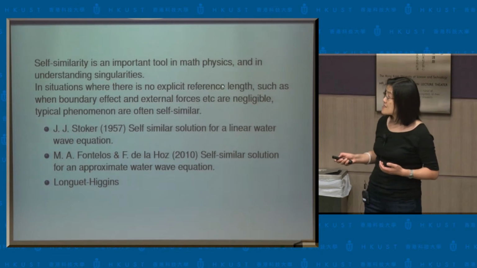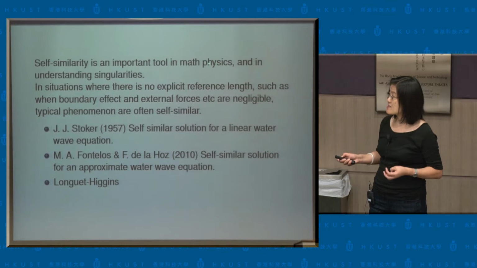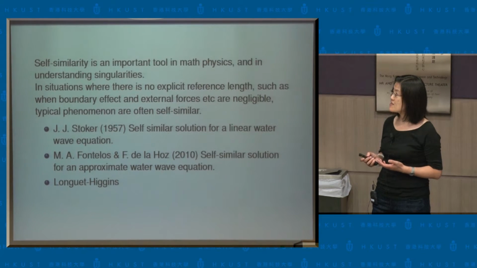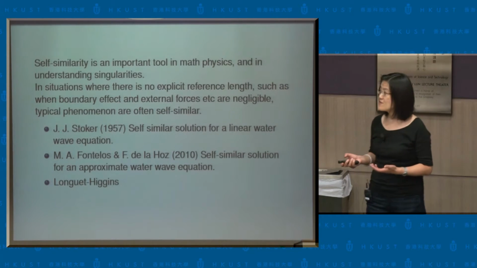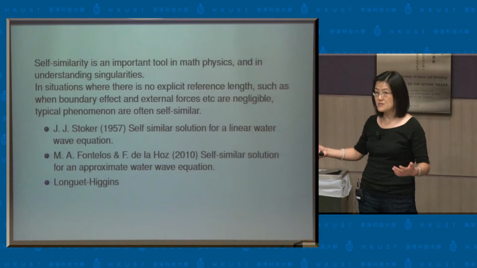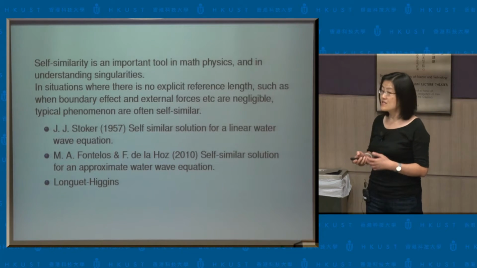This has been used a lot in mathematical physics. So basically, we know that in a situation where there's no explicit reference length, like the one we are looking at, we neglect the boundary and bottom, and we neglect wind.